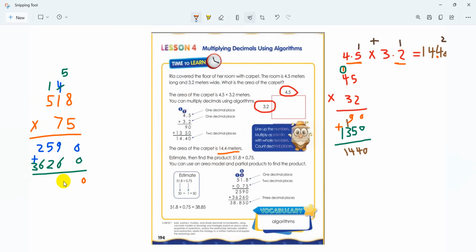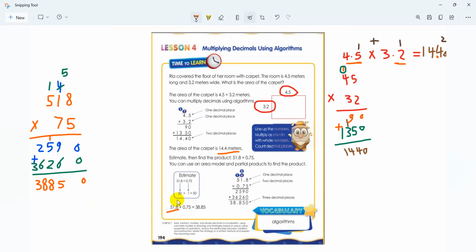And then 9 plus 6 equals 15. 5 and carry up 1. Then 5 plus 1, 6. 6 plus 2, 8. And then 2 plus 6 equals 8. And the last digit is 3. We drop the 3. Now the answer is 38,850.